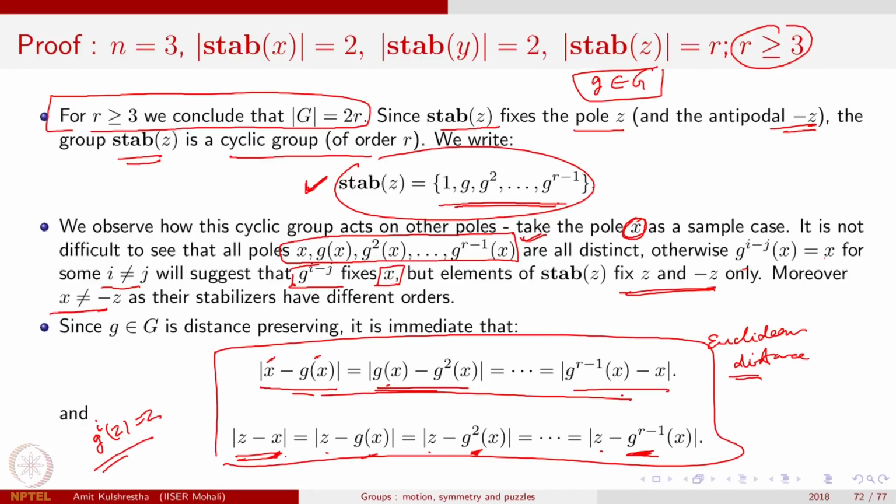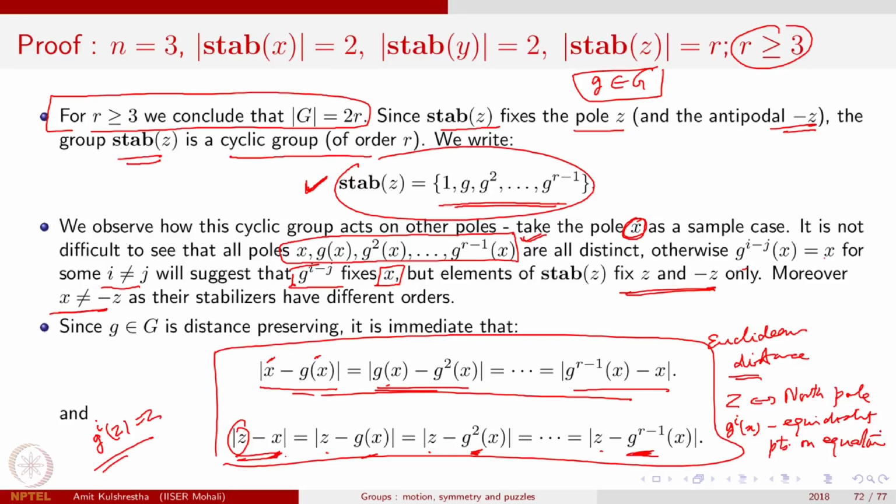So the picture is something like this: you can imagine z like the north pole, and g to the power i x, these are equidistant points on the equator.